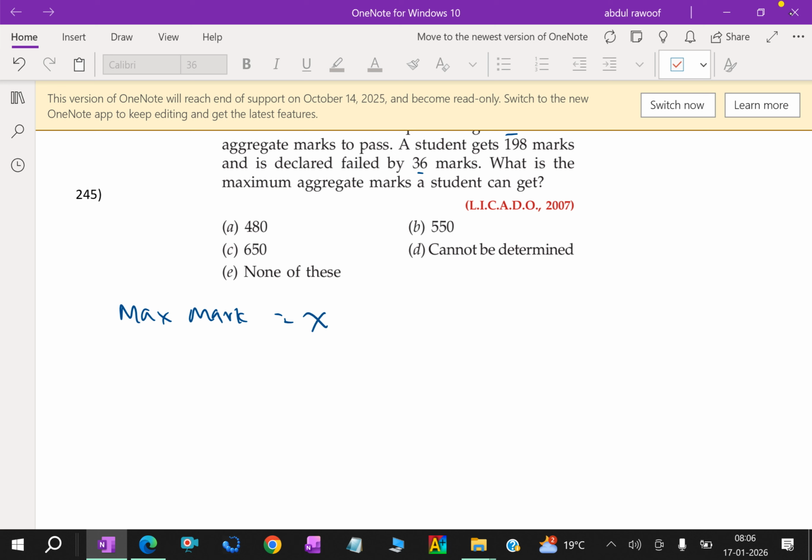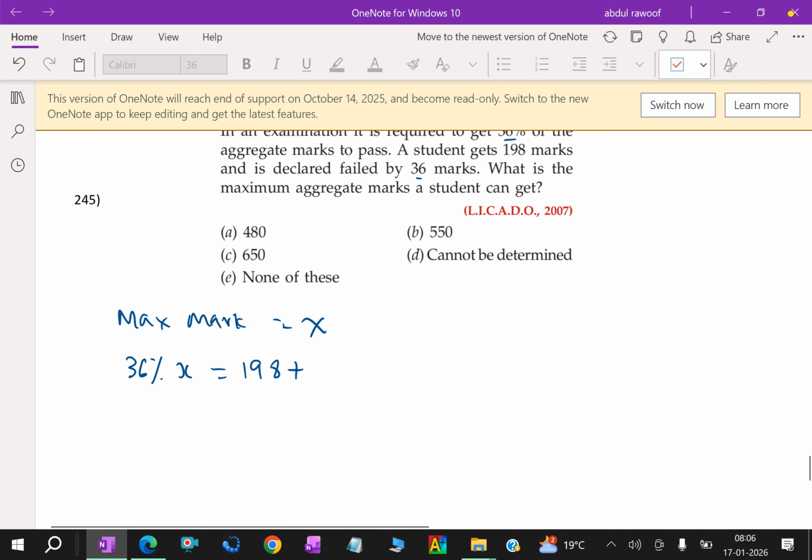Then 36% of x equal to 198 plus 36. He got 198 but failed by 36 marks, so he needs 36 more. Therefore, 36 by 100 x equal to 234, the addition of 198 plus 36.